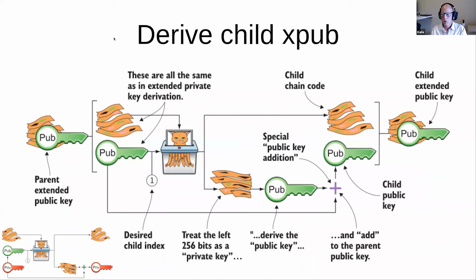Okay. So now we are going to look at how to derive a child extended public key from a parent extended public key. And for reference, I have put the child extended private key derivation here, to your lower left, so you can compare them to see the differences.